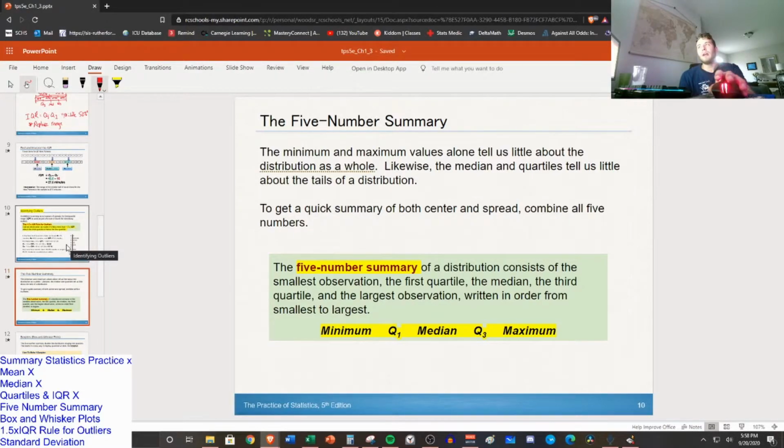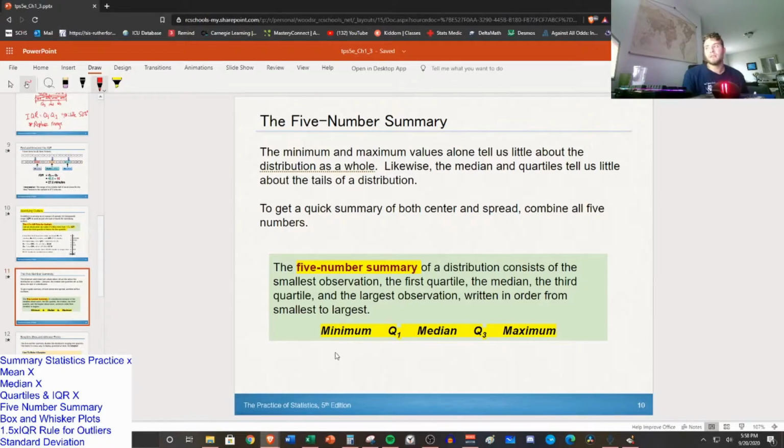So what I would like you to do is go ahead and write this. And so 5-number summary, very simple. You just take the list that you got from the calculator, and maybe it's only interested in the minimum, Q1, median, Q3, and maximum. That's all at once.